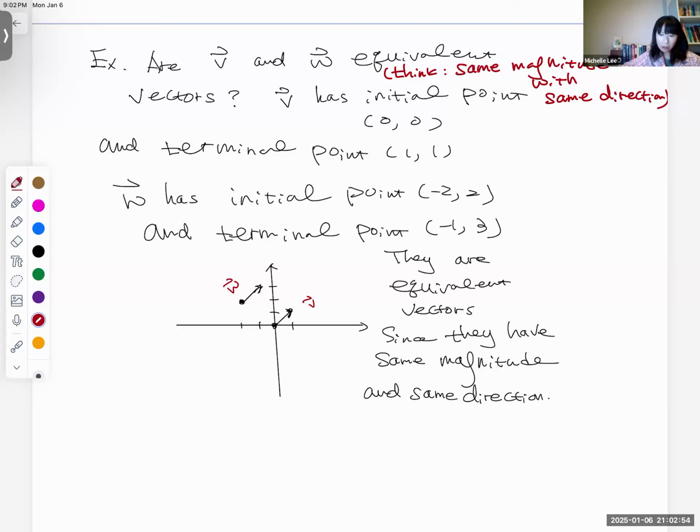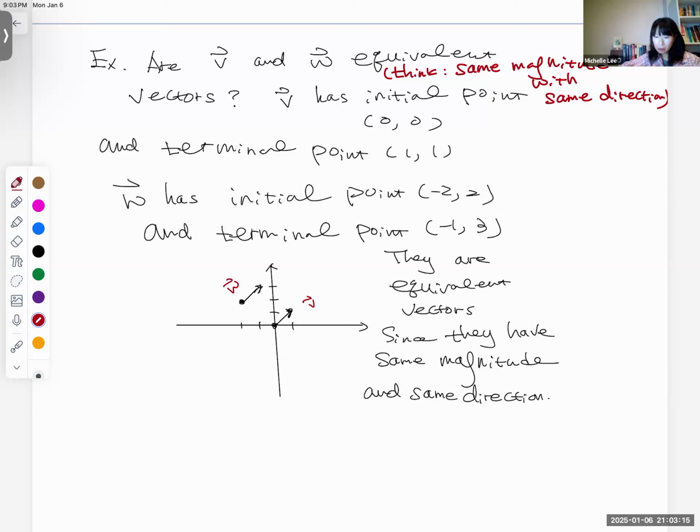All right. So vector v has initial point 0, 0 and terminal point 1, 1. And negative 2 and 2 for the initial, and then terminal point negative 1 and 3.